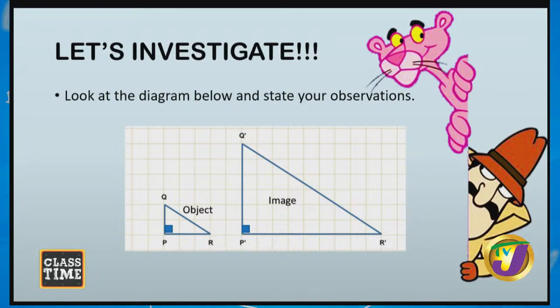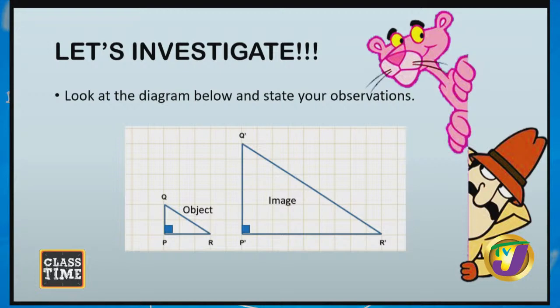I am seeing that the line segment PQ seems to be 2 units long, and PR seems to be 3 units long. If I move over to my image, I can see that P prime Q prime is going to be 6 units long, and P prime R prime, 9 units long.